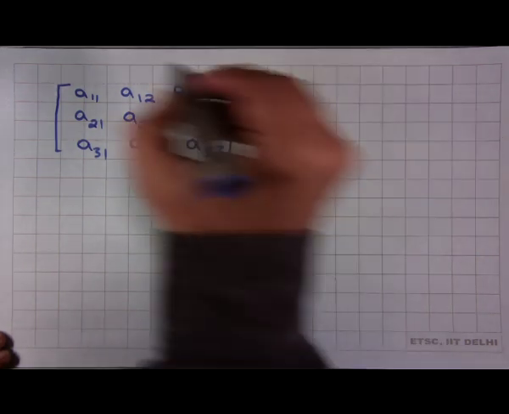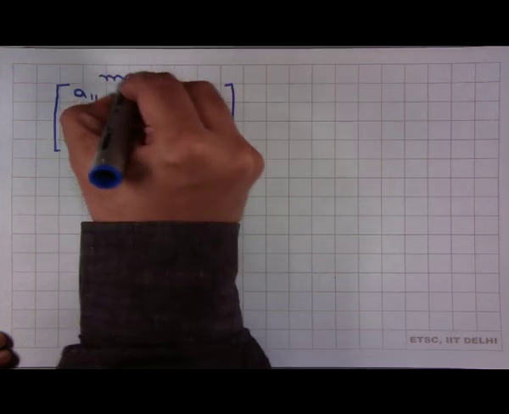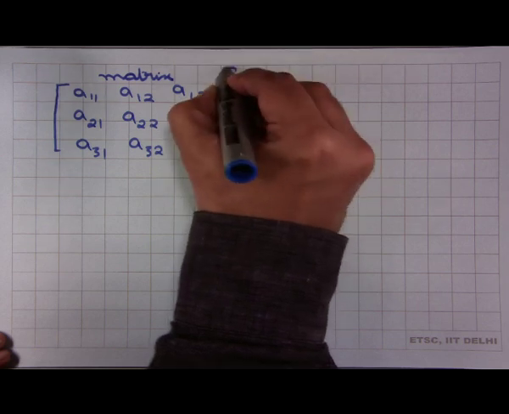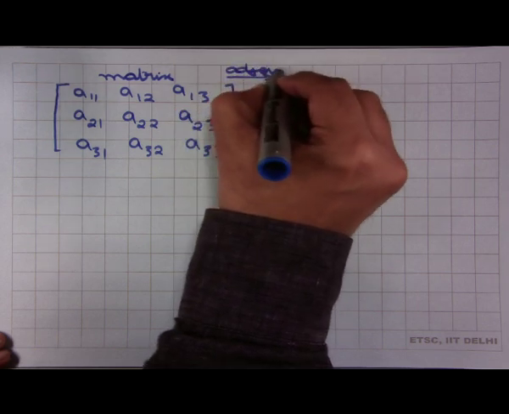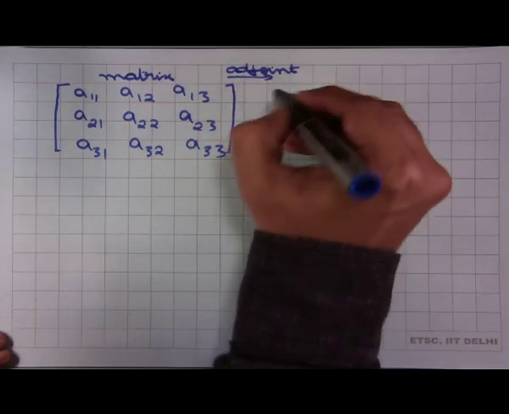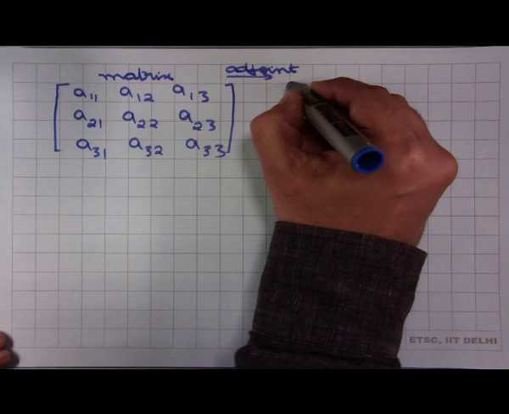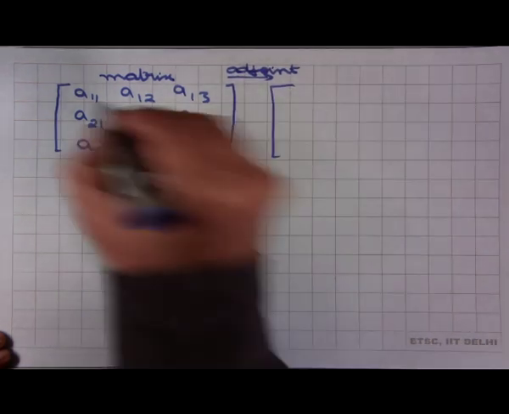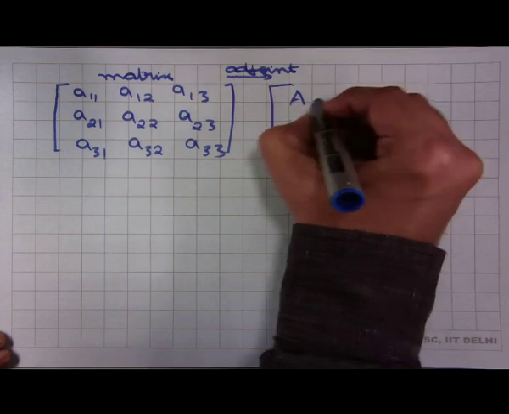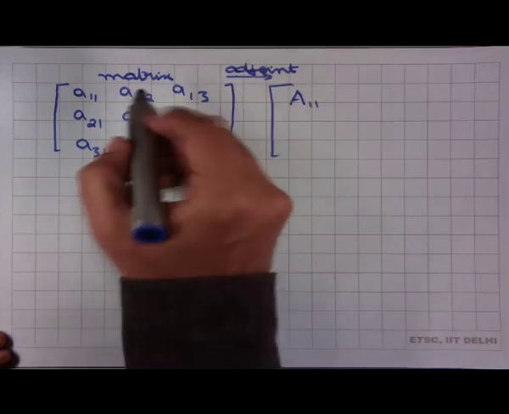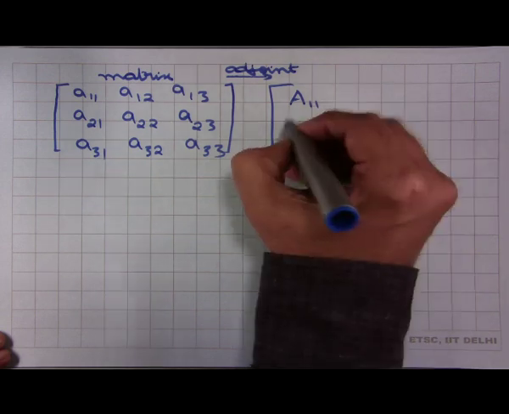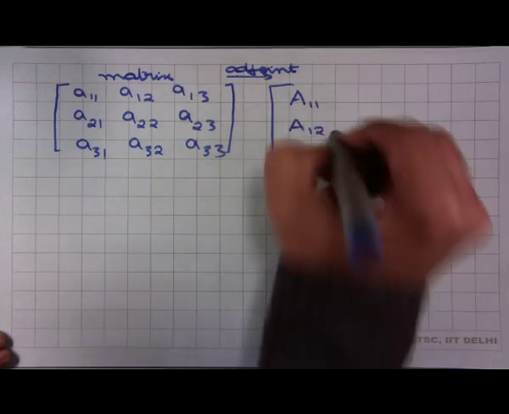Okay. And so, this is the matrix, and its adjoint is obtained as the matrix where each element is replaced by its cofactor, and A12 is replaced, but by taking the transpose it will come over here, and A13.